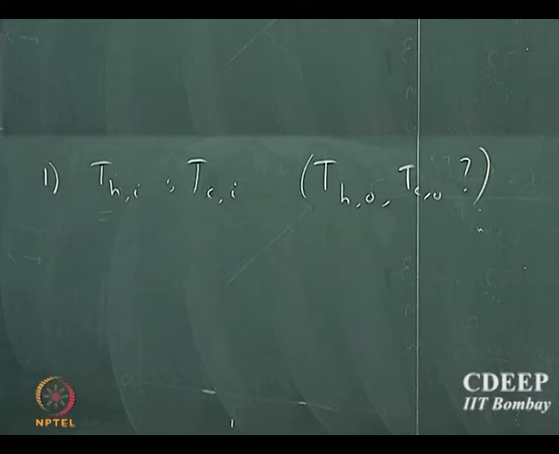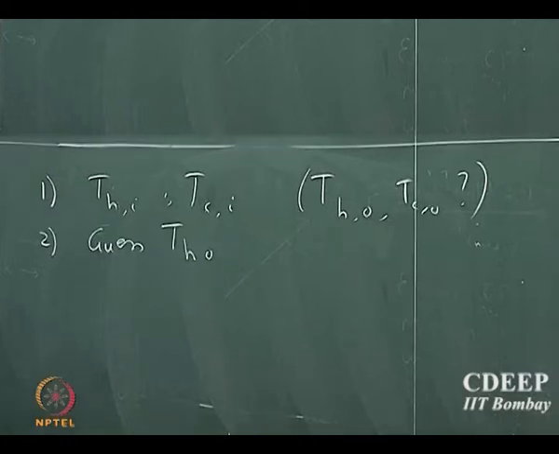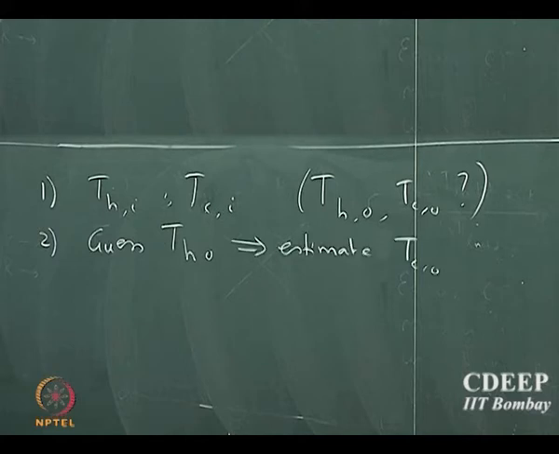So if I use the delta T LMTD method, the way to go about is, I can guess what should be the THO. From this I can estimate TCO. I can do that because I can always write a simple m Cp delta T equivalence and I can find out the cold outlet temperature.